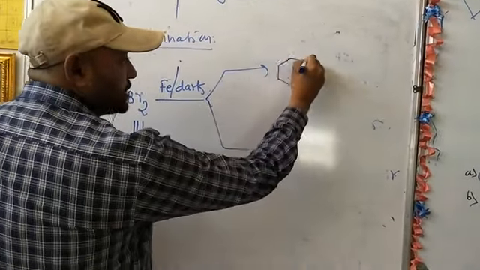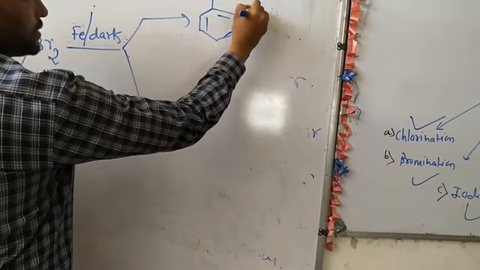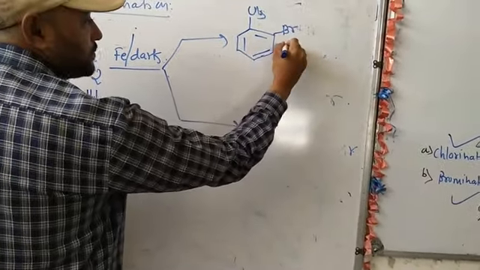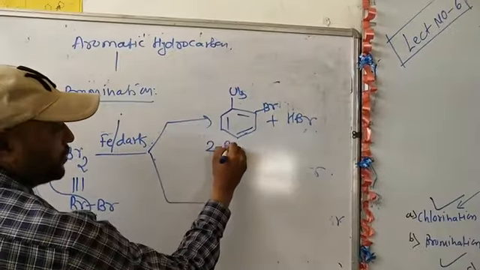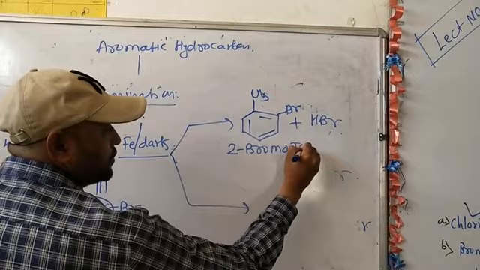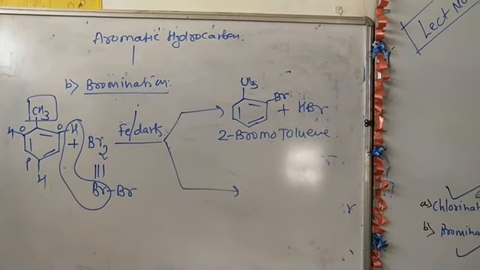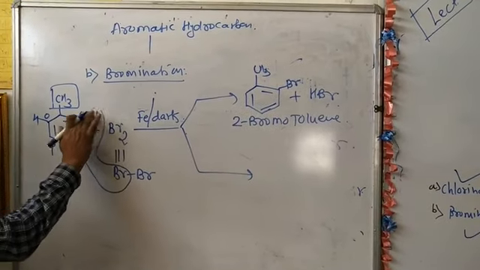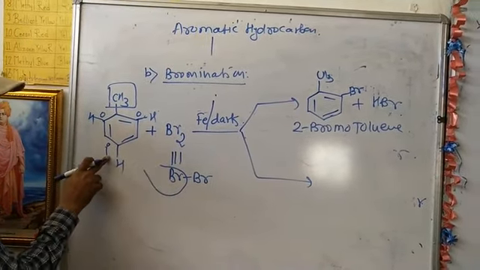So the first product is CH3Br plus HBr, forming 2-bromotoluene. Now the second substitution is carried out at the para position.